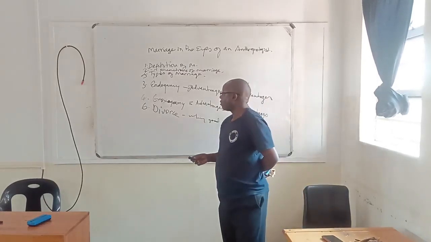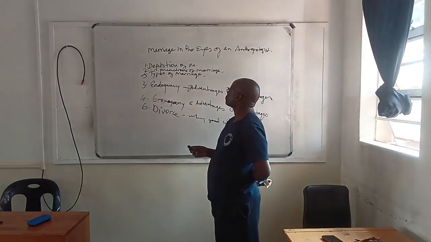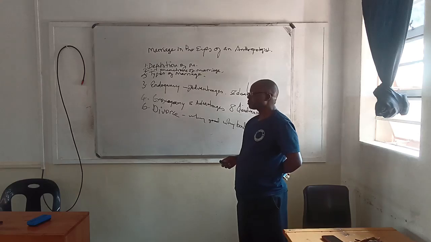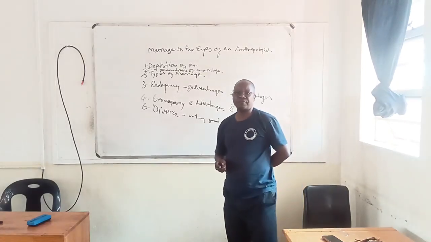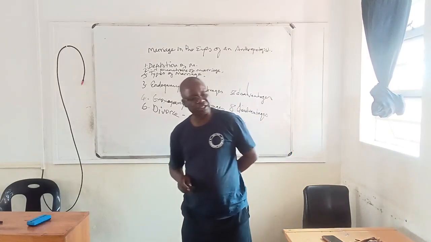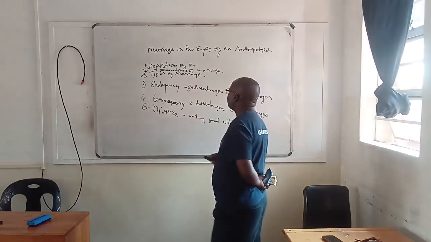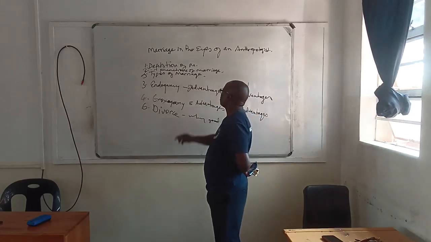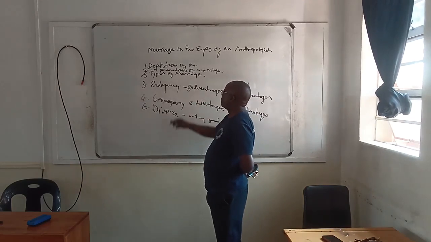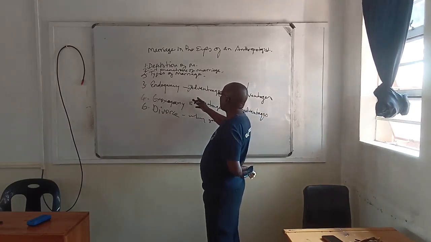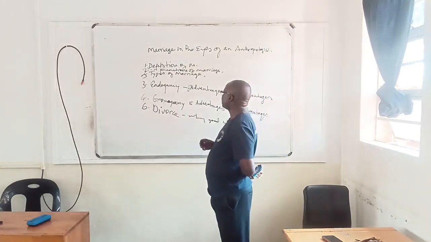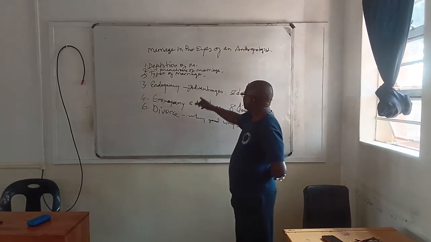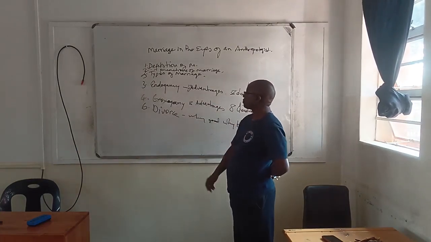Okay. Today we are discussing marriage in the eyes of an anthropologist. For the past 1 hour, students who are in this campus have been discussing the definition, functions of marriage, types of marriage, and endogamy as a type of marriage with its advantages and disadvantages.